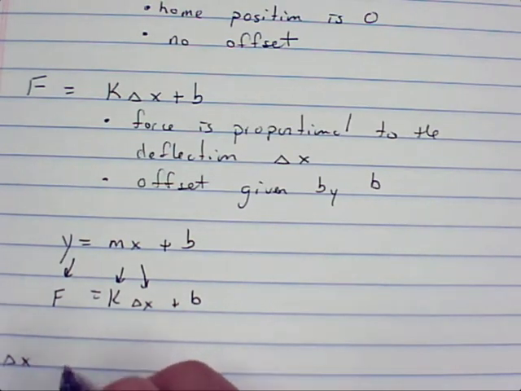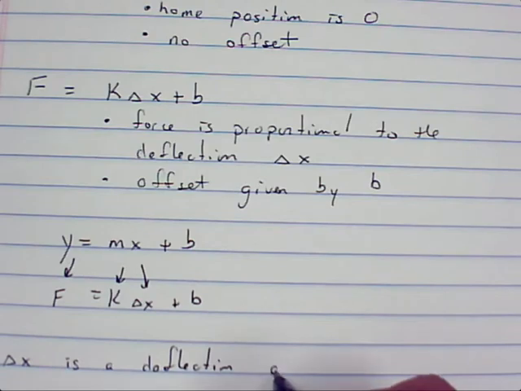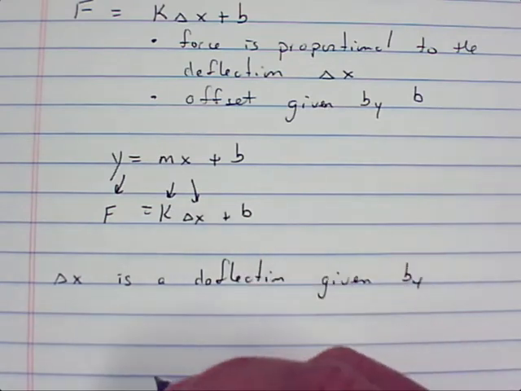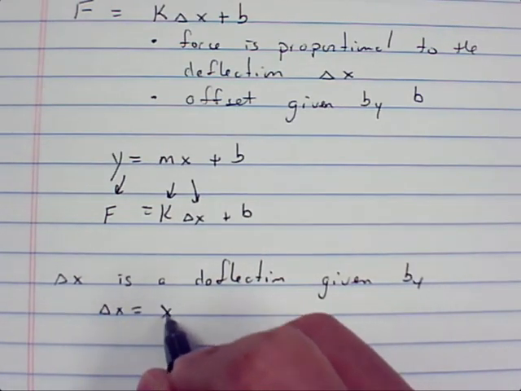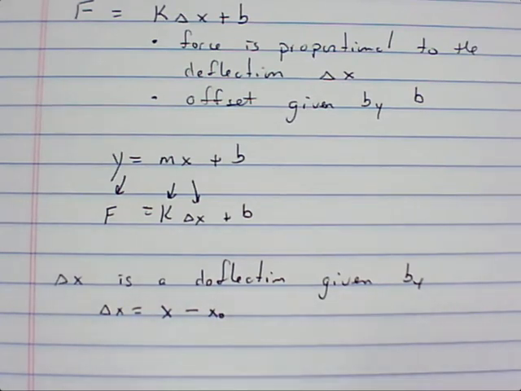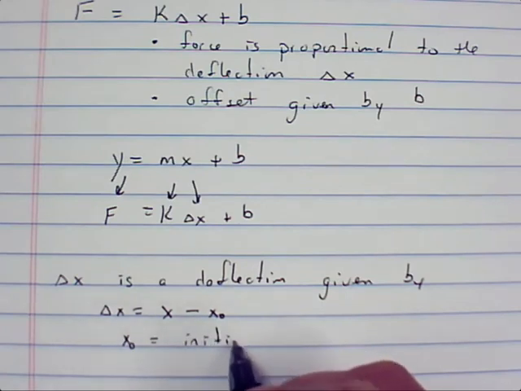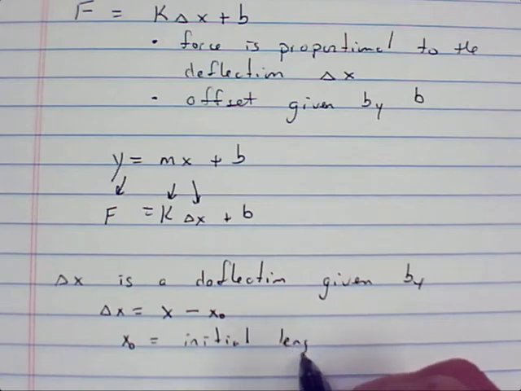Delta x is a deflection, given by the position x minus a home position x naught. So x naught is the initial length of the spring.